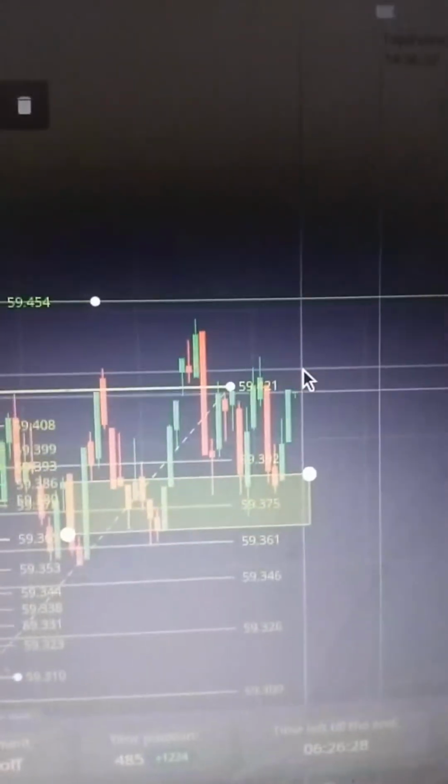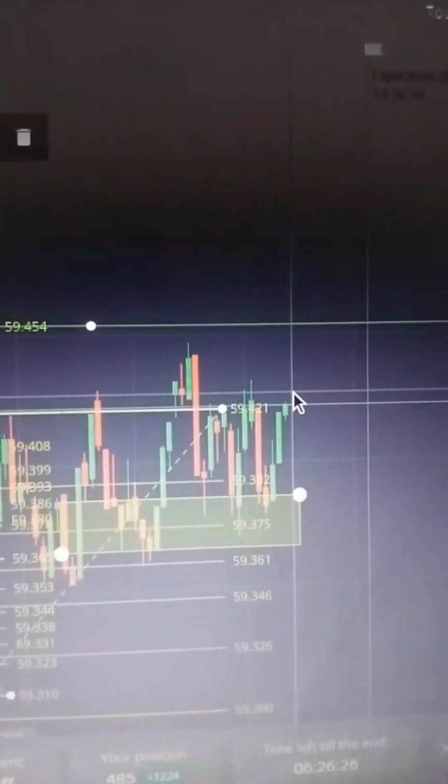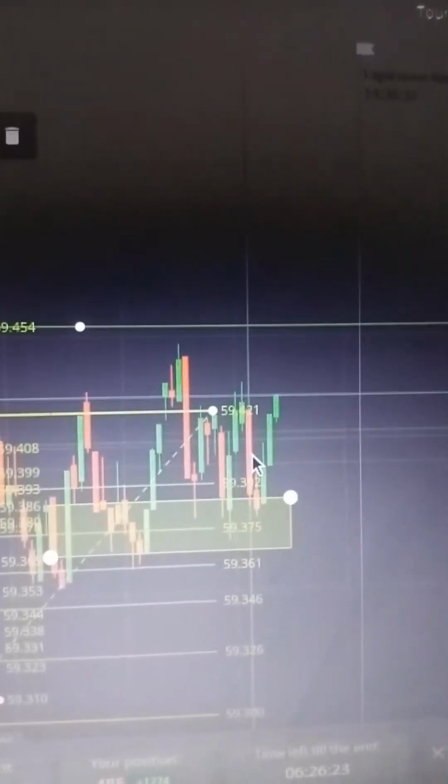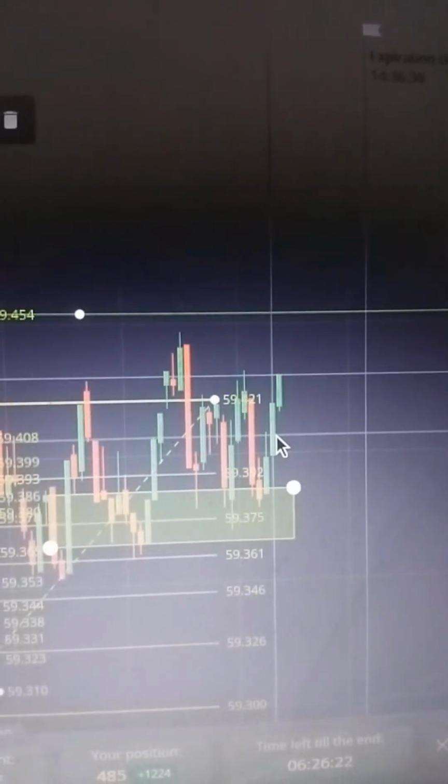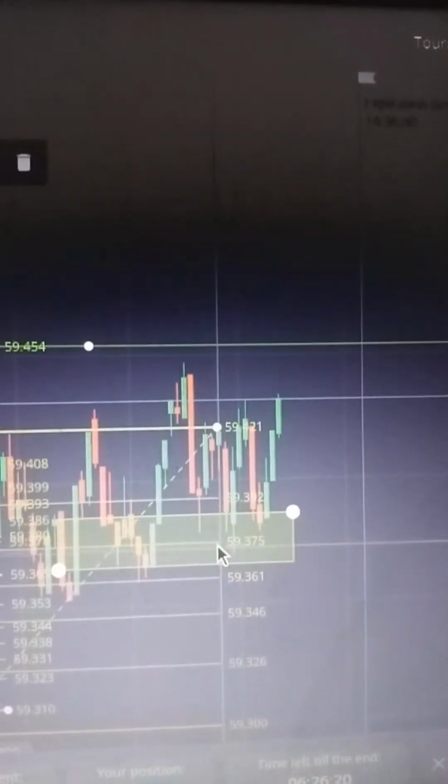accumulating. As you can see, price is now in a range. In a range. What are they doing? They are accumulating their longs. Smart money is accumulating longs. Notice they made the swing low here.